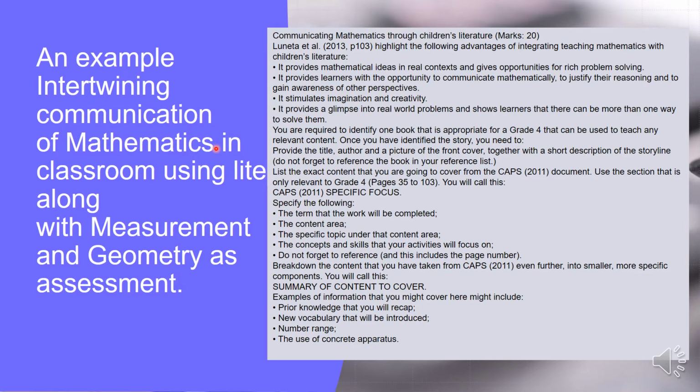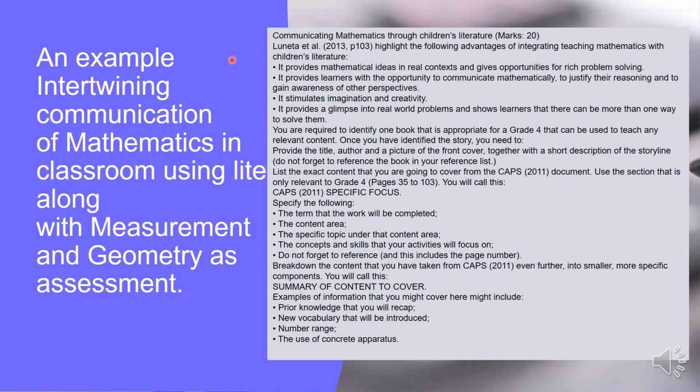An example of using Luneta's chapter 12, along with a literature book, is this assessment at hand, where you are asked to communicate maths through a literature book. That's Luneta's page 103, highlighting the advantages of integrating the teaching of maths with children's literature.